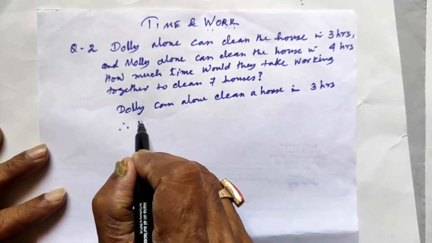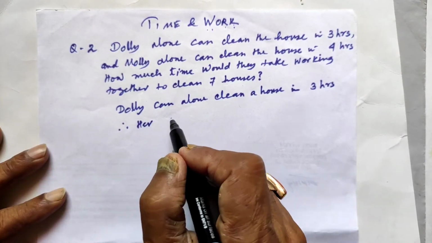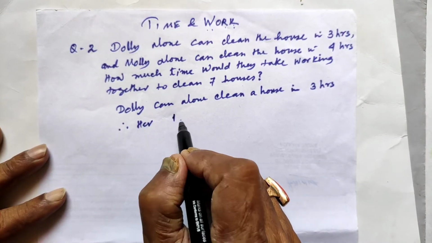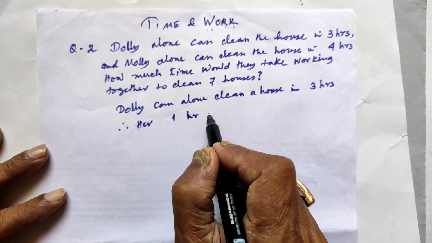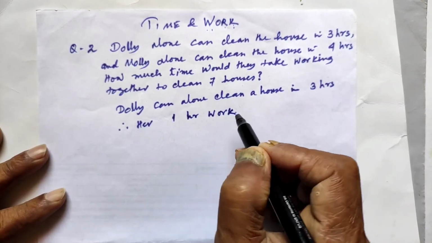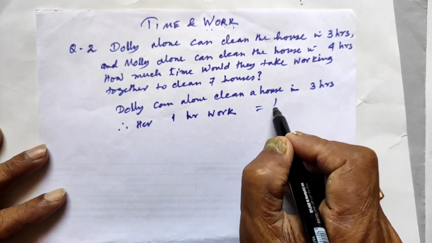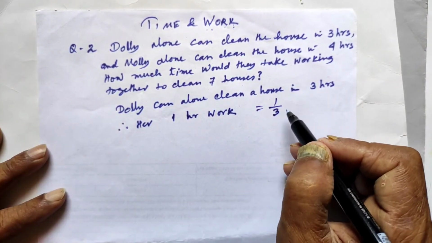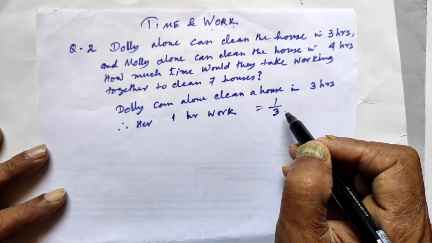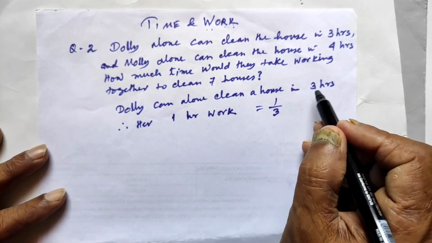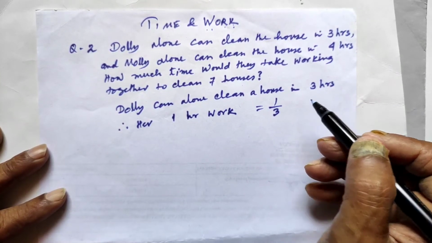So her 1 hour's work equals 1 by 3. That means 1 by 3 houses.